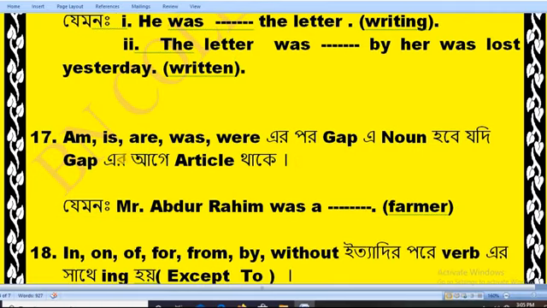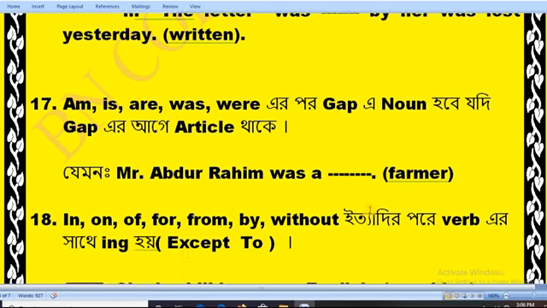Now 17. Okay. You see am, is, are, was, were, after be verb, if you see any article, right? If you see any article, then you must use a noun here. Mr. Rahman is a teacher. Abdul Rahman was a farmer. Mr. Karim was a shopkeeper, right? After an article, you have to use a noun here.